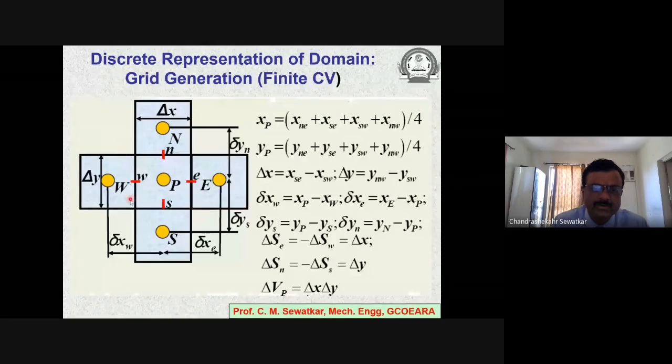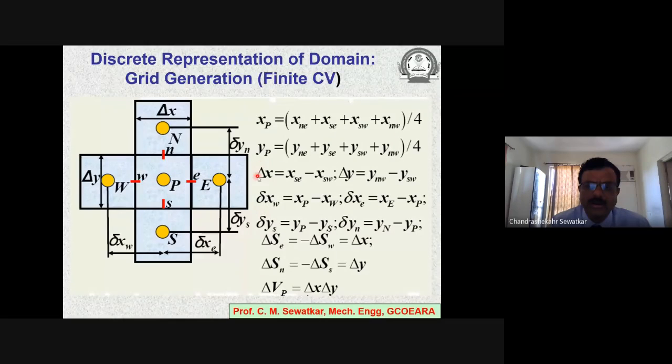I add all these x coordinates and divide by 4. What I obtain is the x coordinate of point P. Similarly, I know the y coordinates of all these 4 points. I add those y coordinates and divide by 4. What I obtain is the y coordinate of point P.